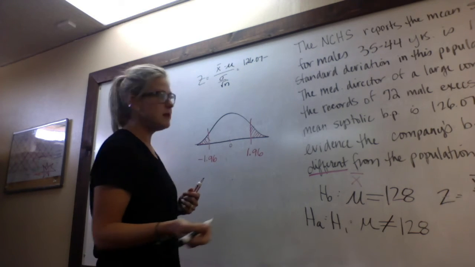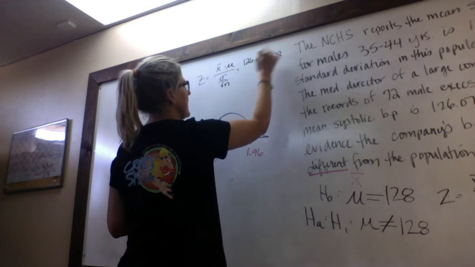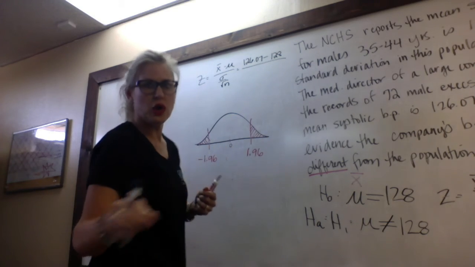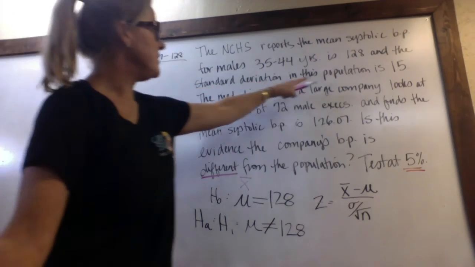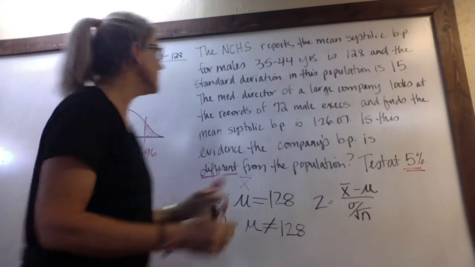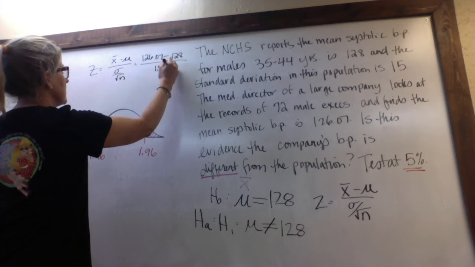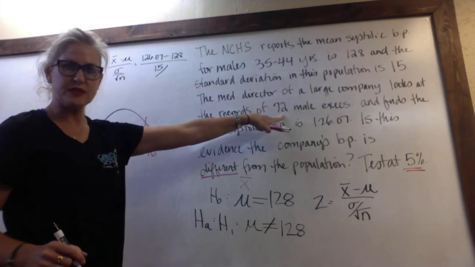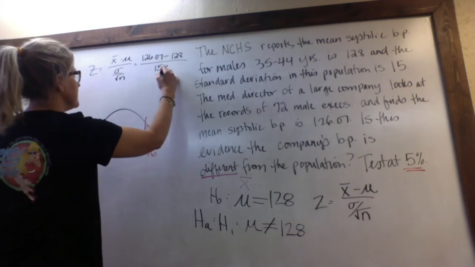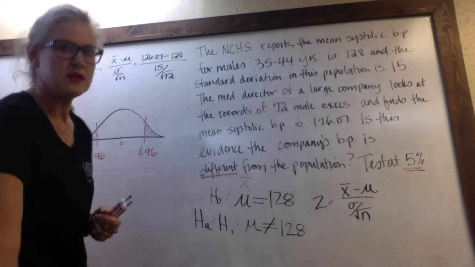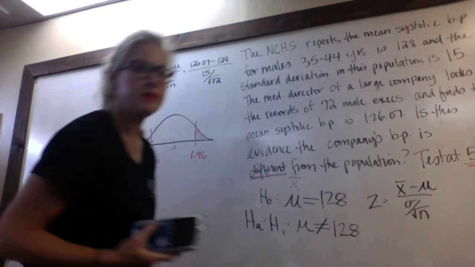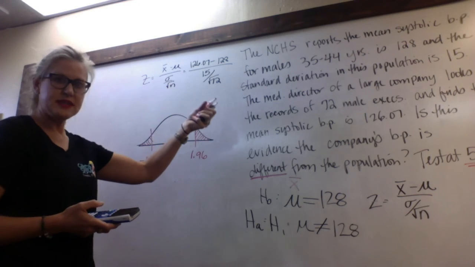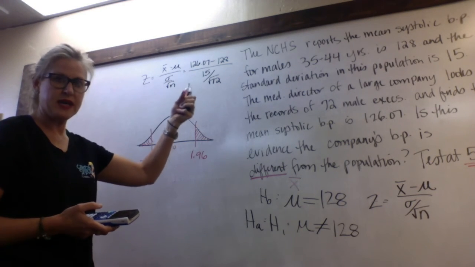The population mean is 128. We are told that the population standard deviation is 15. And our sample size, we took a sample of 72 executives. That's what I'm calculating from my data.